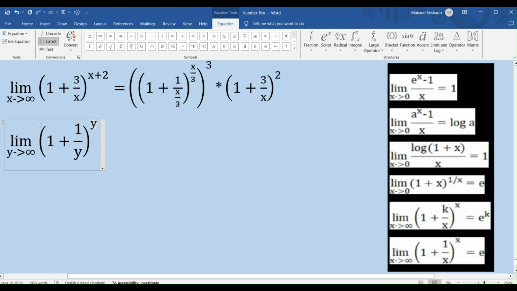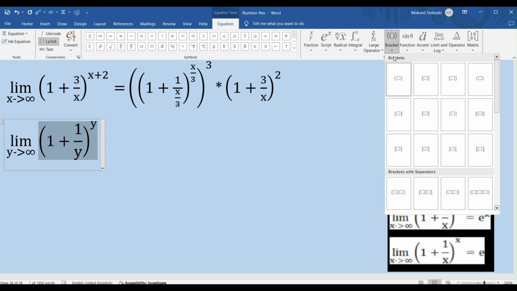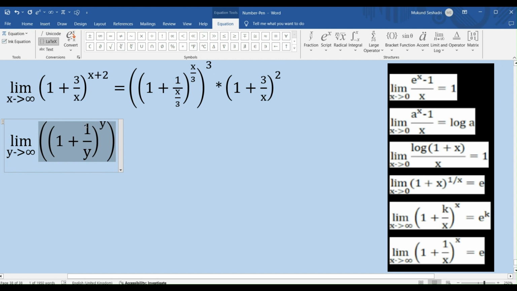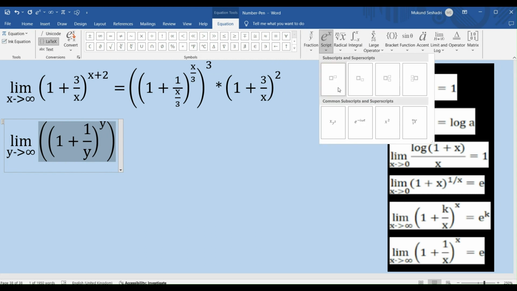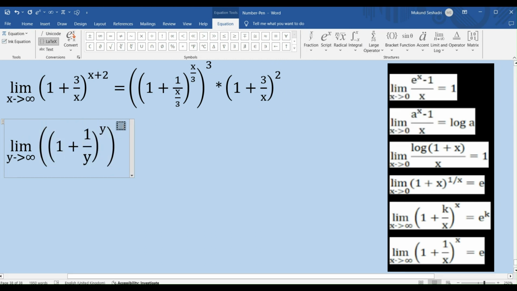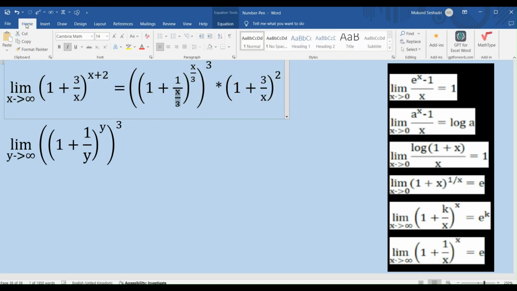And remember, don't miss out on the cube which is outside of this, and we will do a whole cube of this, right? So all that I've done is I've replaced x by 3, which let me highlight in yellow, I've replaced that by y, okay?